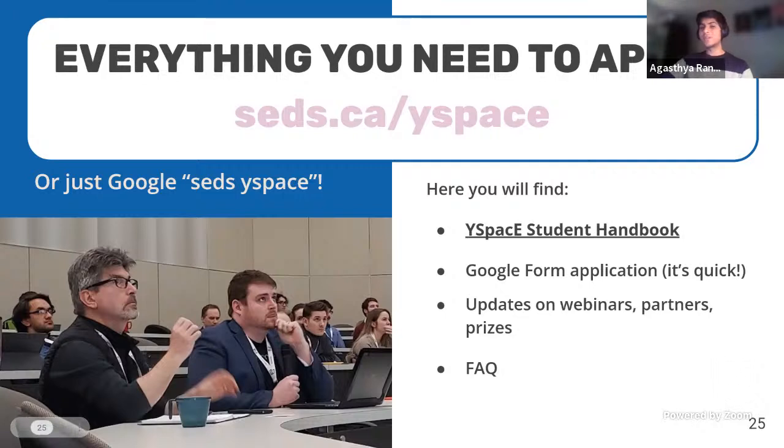And we'll also be updating our website with webinars and partners and prizes, mentors, or any other news and updates that arise during the length of the competition. So keep checking that out for the latest updates on the competition. It also has an FAQ section. So if you have some questions, it would be a good idea to check that out as well for later.